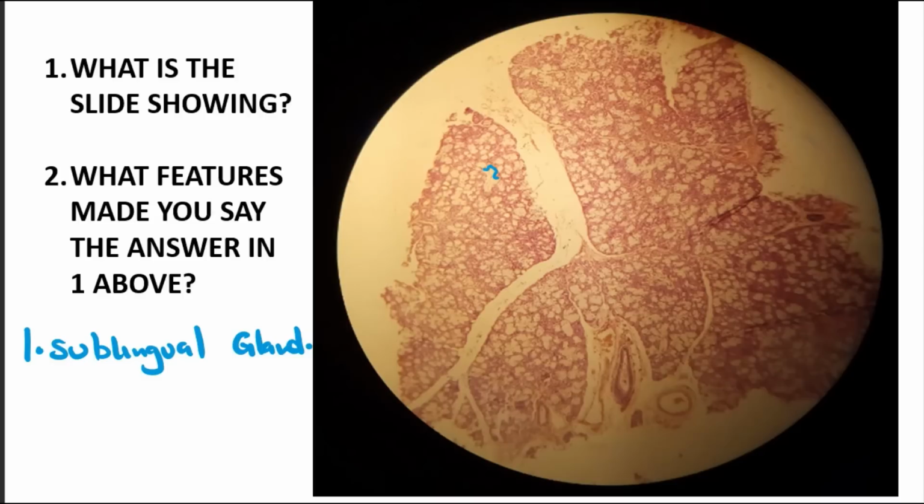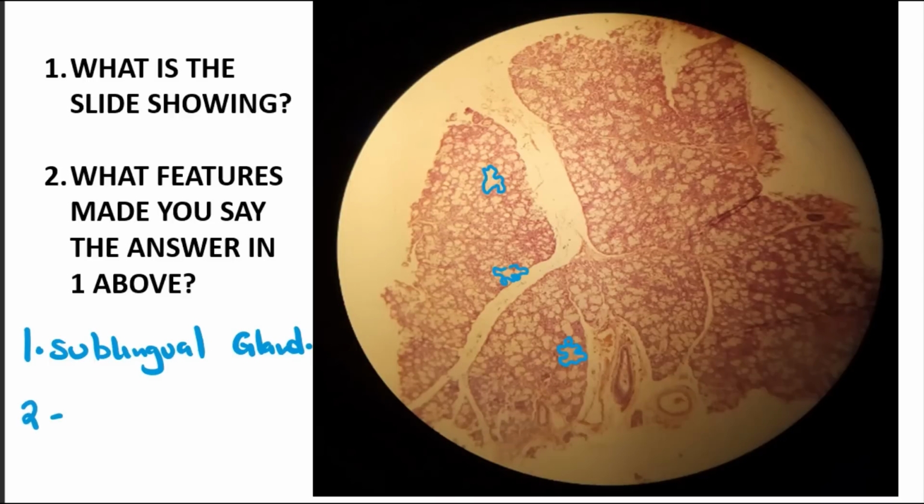These are continuous structures like this, and they form more like flowers. If you connect them, you find that they are not lumens. The white part is what we call the mucus acini.